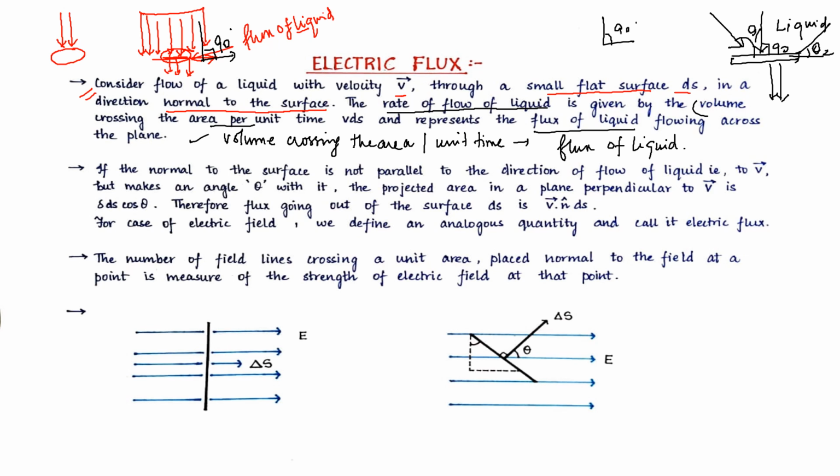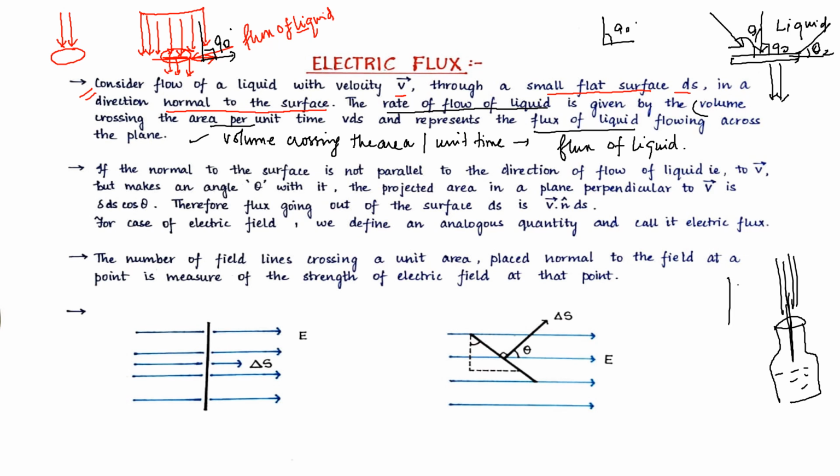Open the tap of your kitchen and just place a bottle perpendicular, like parallel to the surface. See, this is the flow and this is our bottle here. If you are placing it like this, the whole water will go inside the bottle and it will fill.